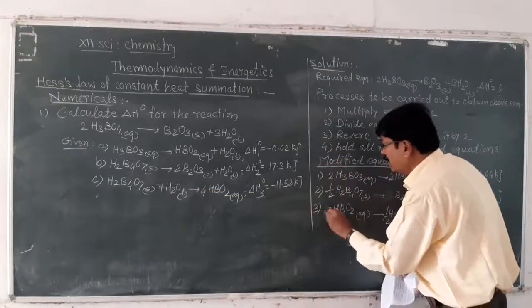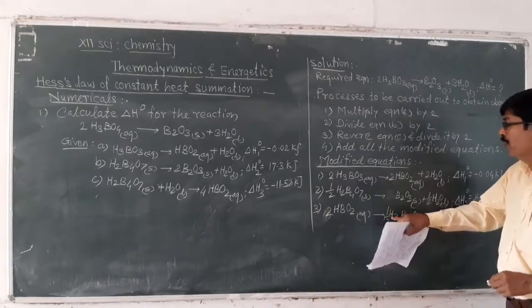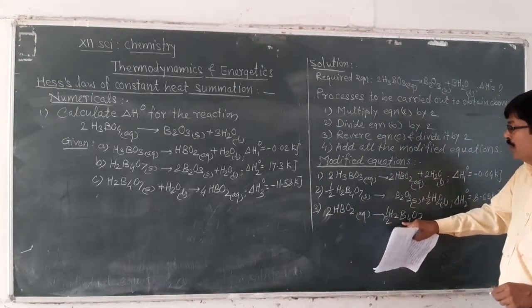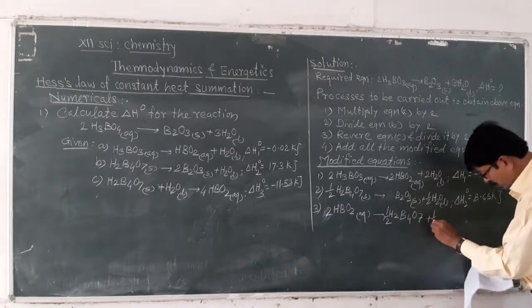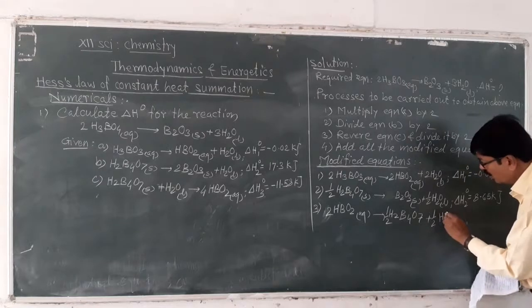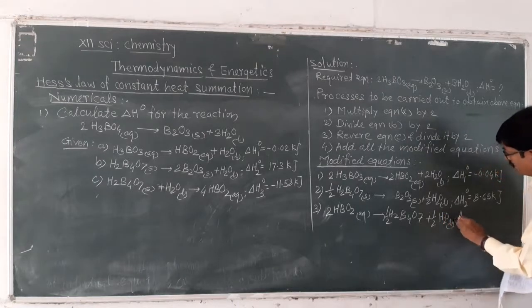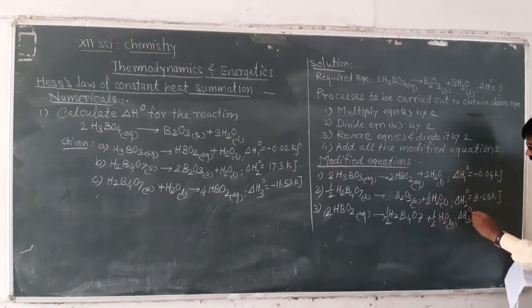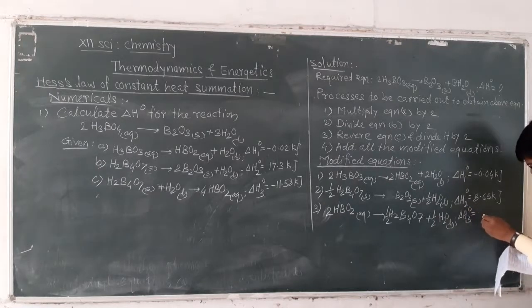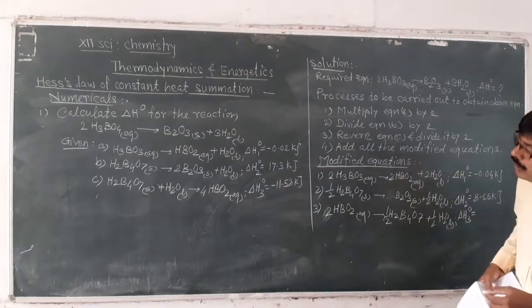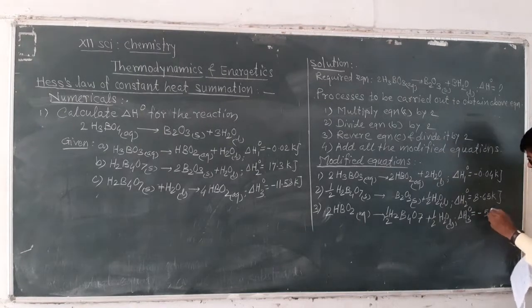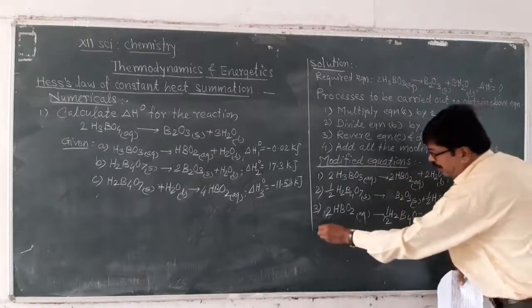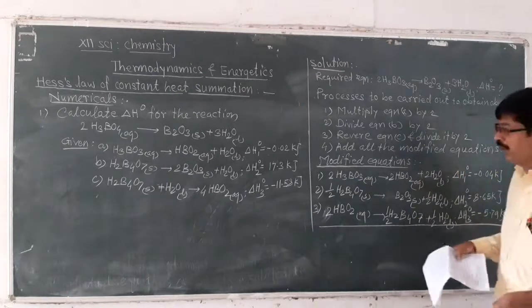You will get 2 HBO2 gives 1/2 H2B4O7 plus 1/2 H2O liquid. And the enthalpy change of this reaction, delta H naught 3, is minus 5.79 kilojoule per mole.